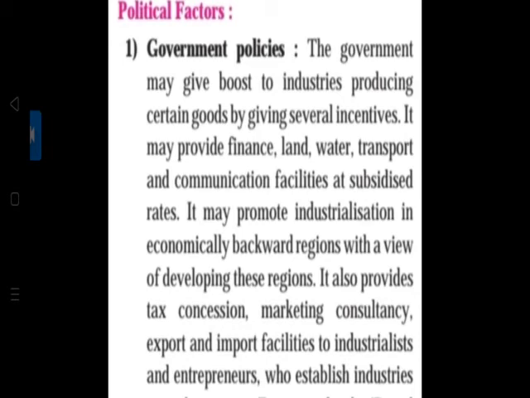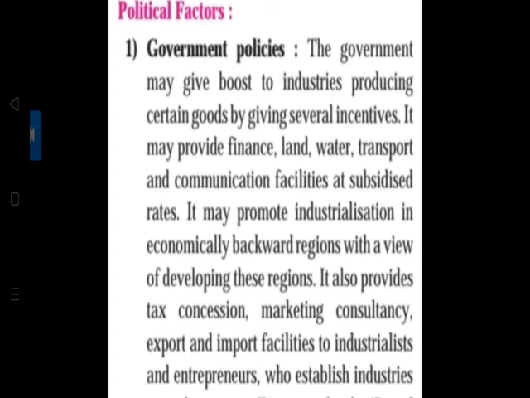Government policies are one of them. The government may give a boost to industries producing certain goods by giving several incentives. For example, if you set up your industry in an area where it can create good employment opportunities, and the government sees that, it comes forward and gives you certain incentives.